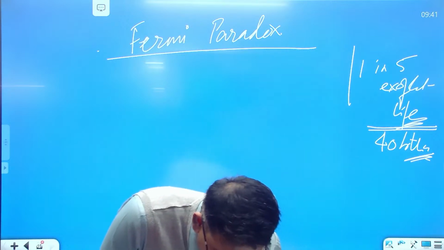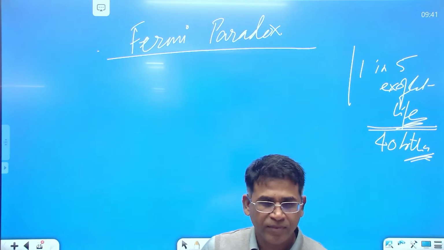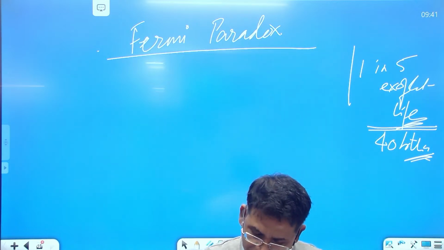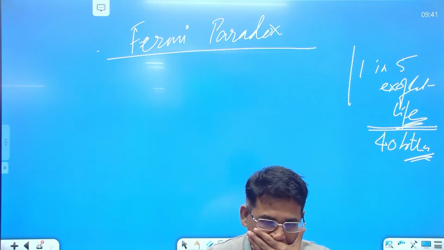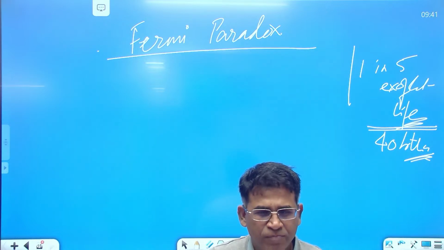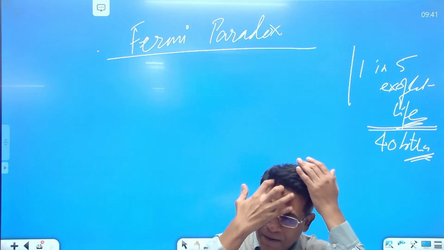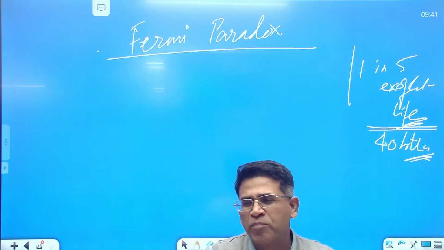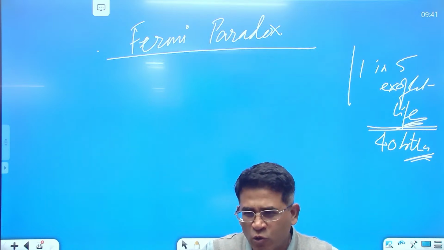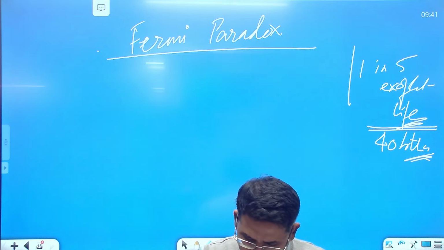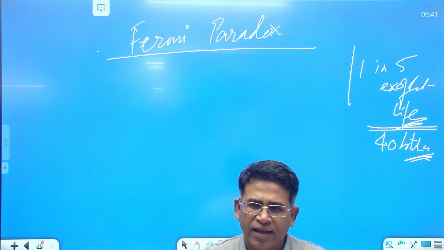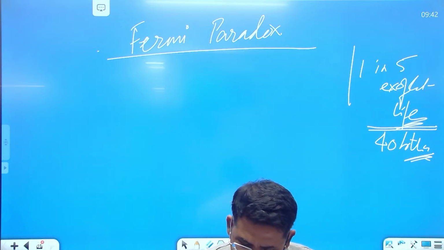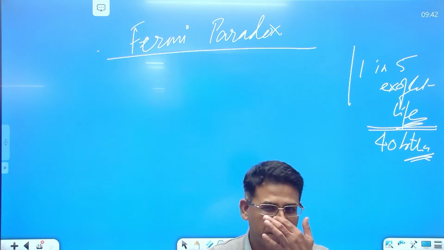Right down here, Fermi paradox is that despite billions and billions of planets where life can be found, because there is evidence of water, the right temperature, the presence of numerous Goldilocks zones, and yet we are yet to find or discover a planet with life.